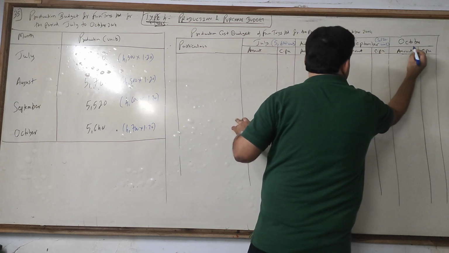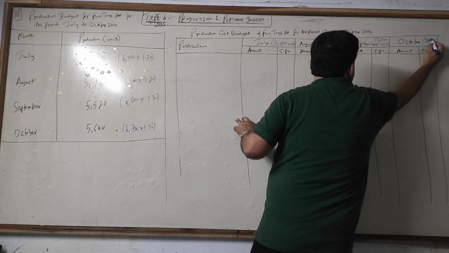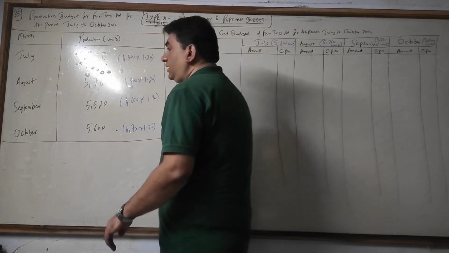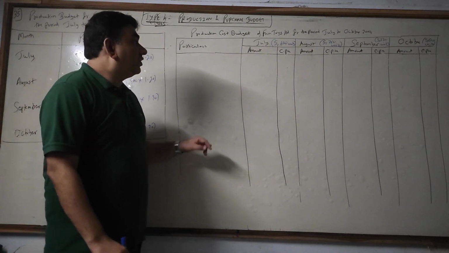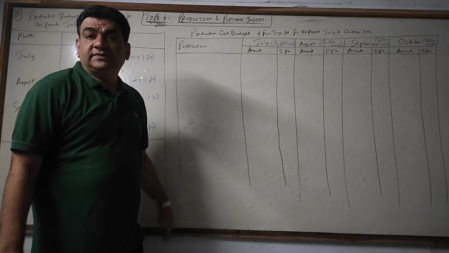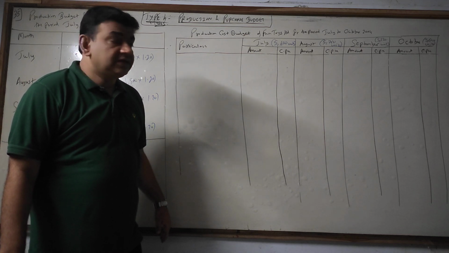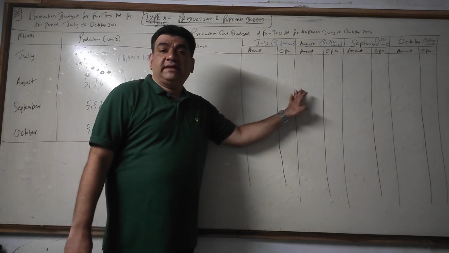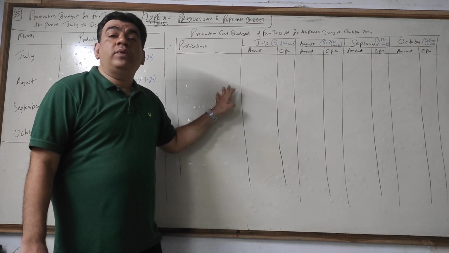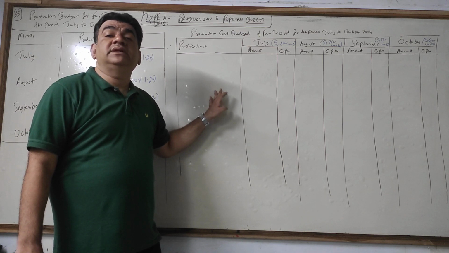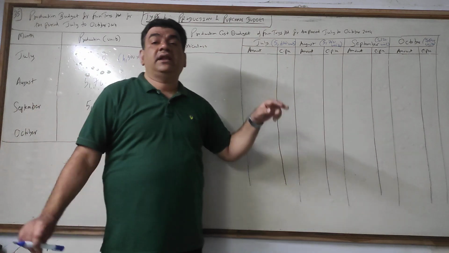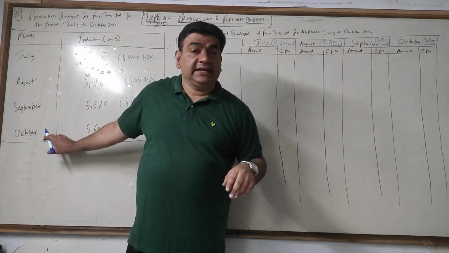And October, 5,640 units. Okay, so July, August, September, October, your units will change. Clear with this guys? Got it? So this is your table. We will make exactly the same way as we did in flexible budget. I'll repeat, units are coming from here.